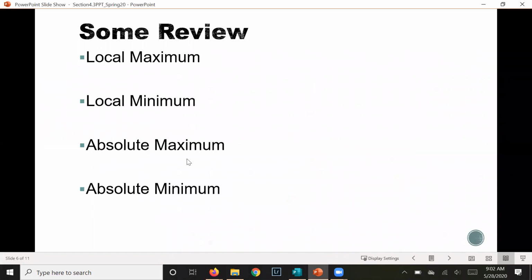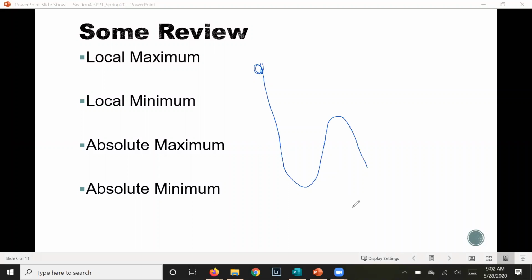Okay, so before we get too deep into that, let's talk about these terms: local max, local min, absolute max, absolute min. First thing I'm going to do is draw a function, and it's going to look something like this.